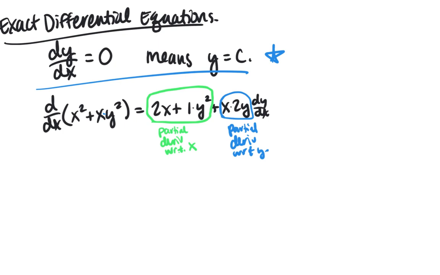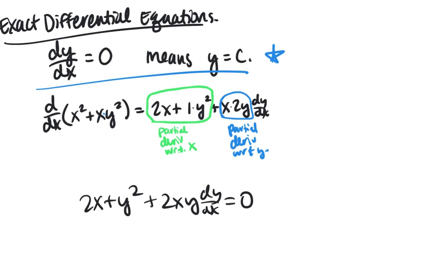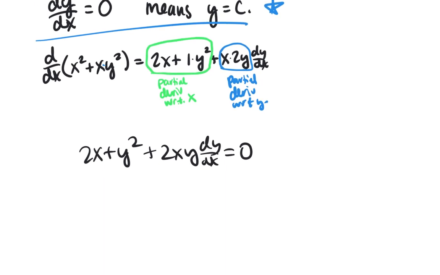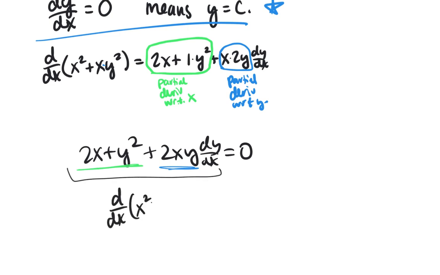So if I had a differential equation that looked like this, 2x plus y squared plus 2xy dy/dx equals 0, well, I just took the derivative of that function. This part is the partial derivative with respect to x, this is the partial derivative with respect to y, so this whole thing together is the derivative with respect to x of x squared plus xy squared equals 0.